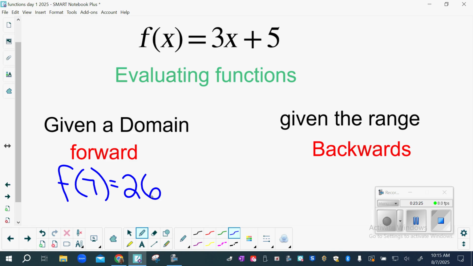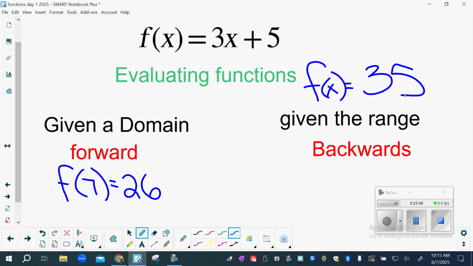What if I did this? Here we go. F of X equals, I'm going to make it a nice thing here. I'm trying to think of something that works out pretty nicely. 35. F of X is 35. What's happening there?